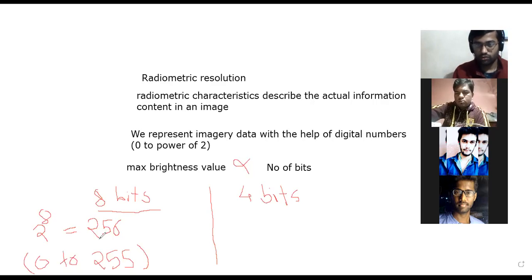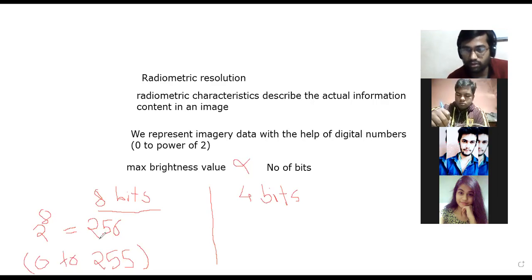If in any imagery you have 256 brightness values, then you can study that particular image in great detail, because we have 256 variants, so every possible detail can be identified from the 8-bit imagery.